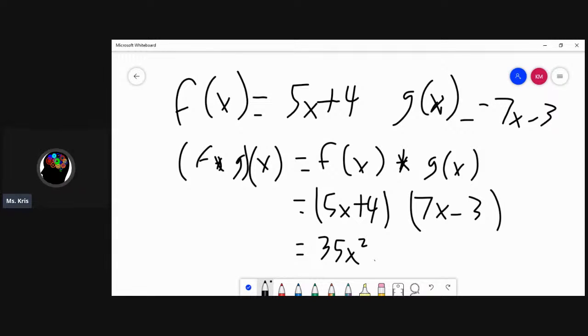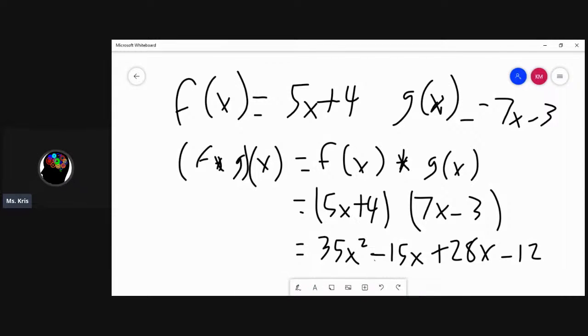Then I do outer, which is 5x times a negative 3. That gives me a negative 15x. Then inner, 4 times 7x. That gives me a plus 28x. And of course, 4 times a negative 3, that gives me a negative 12.